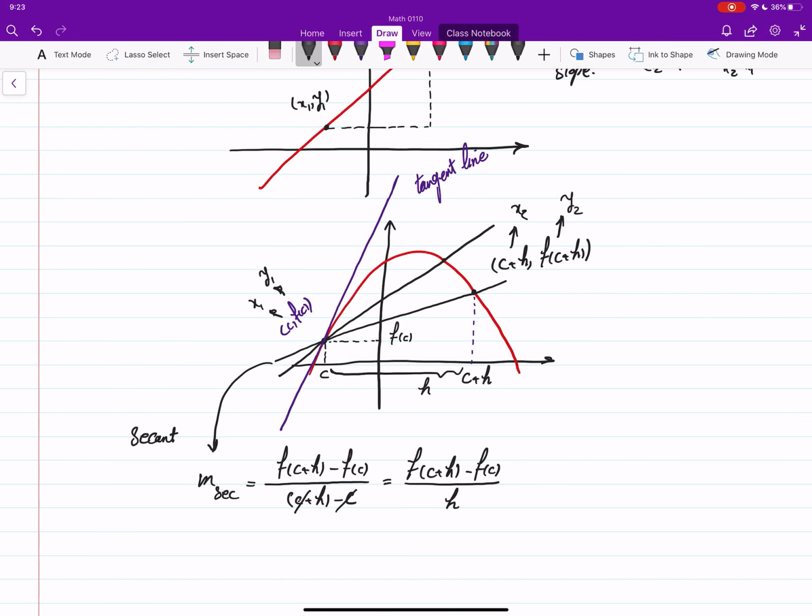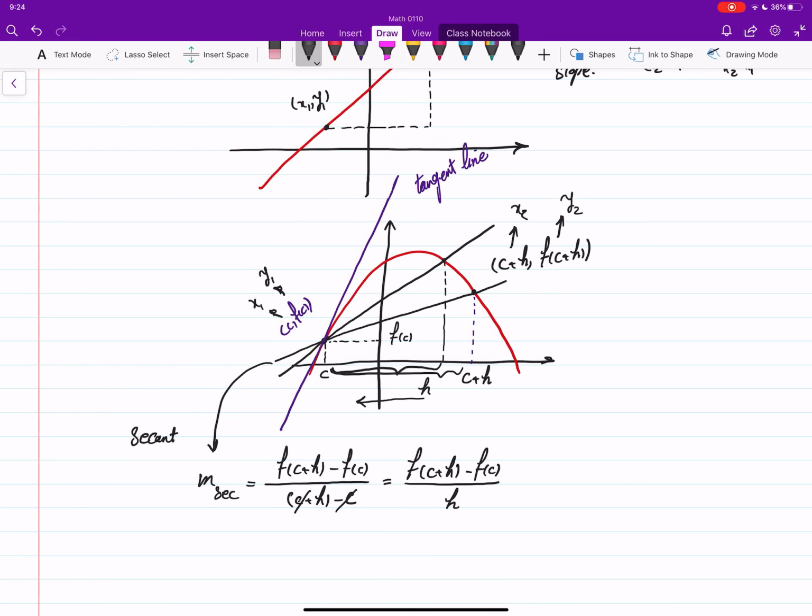But this by itself is not important. What will be important is when you start changing h and getting closer and closer to c. Well, for example, we can go up to this point and make h smaller, like this much.